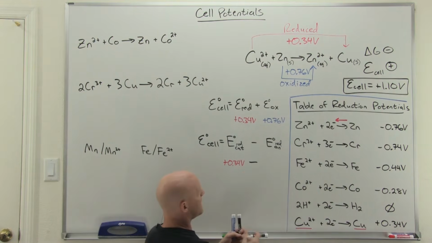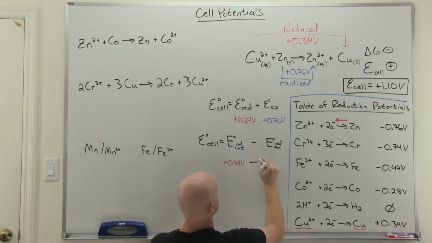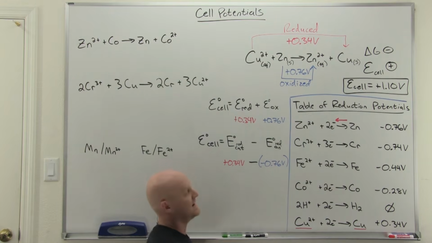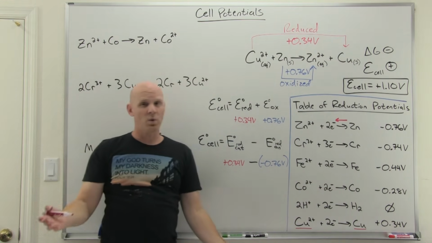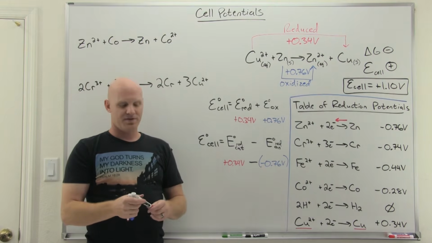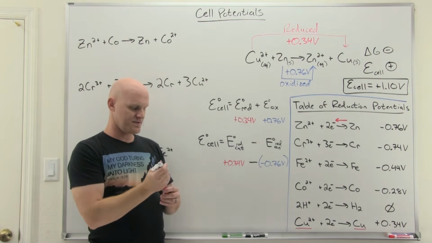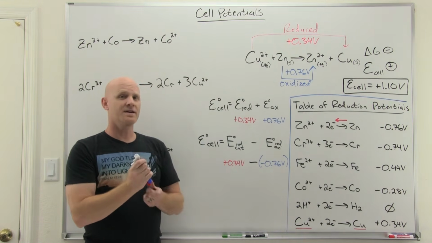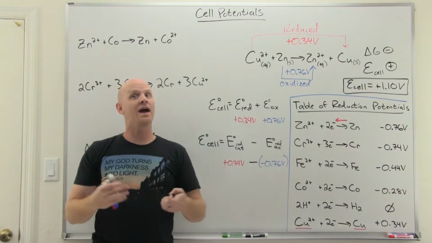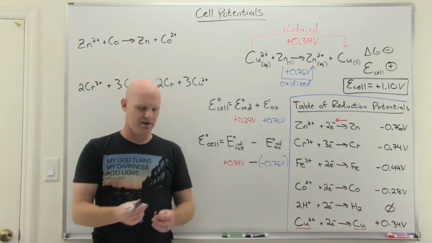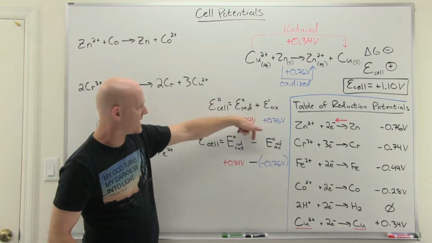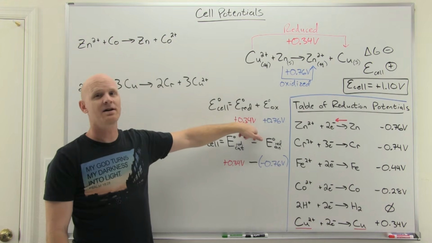They wouldn't change it to positive 0.76. They would leave it as negative 0.76 volts. And you're still going to come out with 1.10 volts either way, but this adds a whole layer of confusion to things. So the big mistake you can make is that you change the sign yourself and then you subtract it as well. So don't pull that off, because again, subtracting here changes the sign for you.